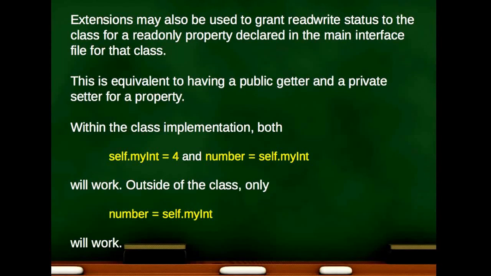So now, what will happen is, when we declare it in the main interface of the class and declare a property to be read-only, then the synthesize statement will synthesize only a getter for that. But if we put in an interface block in an extension that property is read-write, then within the class we will have a setter and a getter. So remember this technique. It's very nice in order to promote better encapsulation within our classes. Thank you very much.